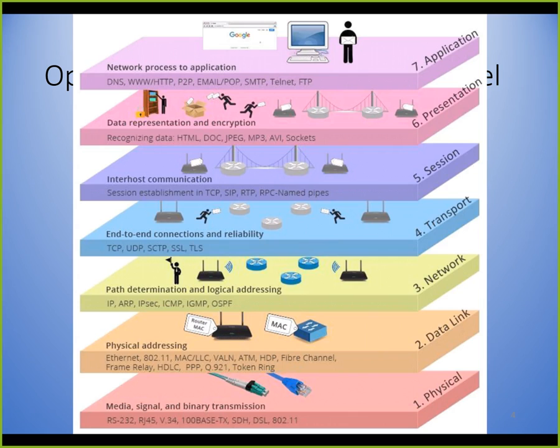Its responsibility is to be sure that the data that's presented to the application layer can be read by the application layer. And then up there, the network process to the application: DNS, www, web servers, email, telnet, FTP, different applications that are available.